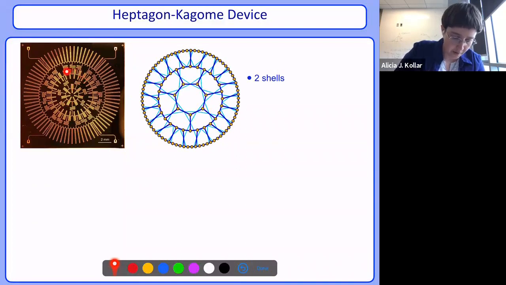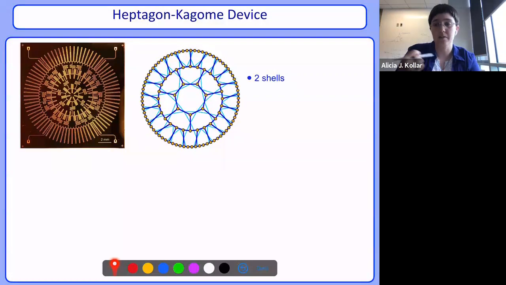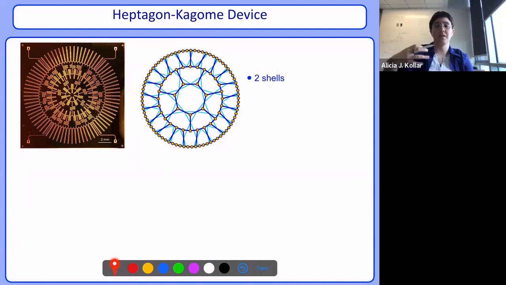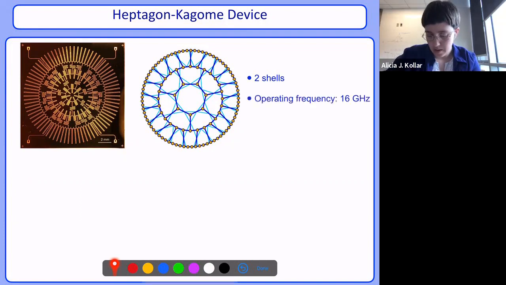If you go out, there are more rings, such as this one and this one, that each have 7 resonators, so you have these 7-sided cycles. This is the central polygon, and then 2 layers, 1, 2, of neighbors. So this is a small piece of this hyperbolic lattice.